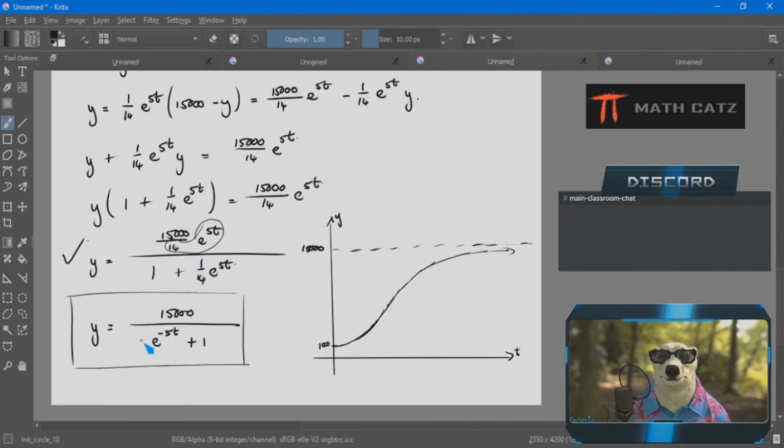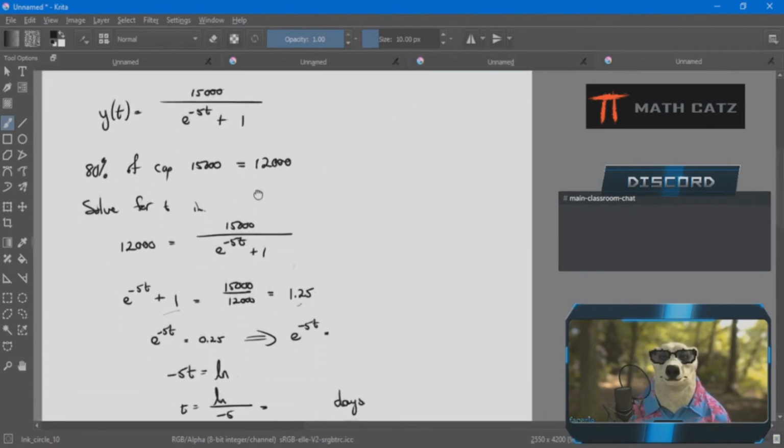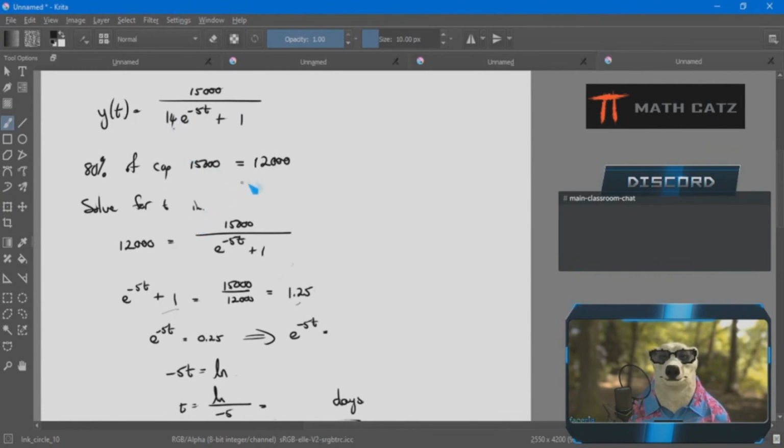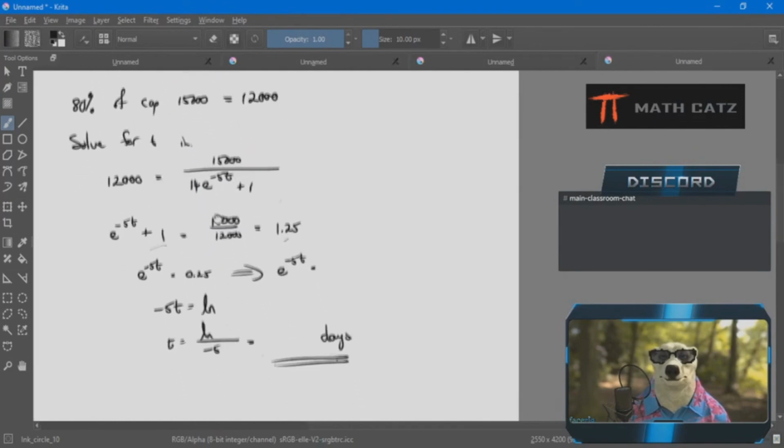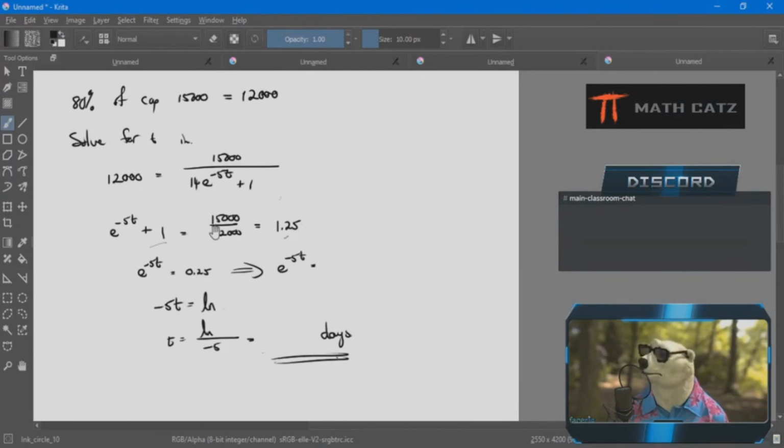When we divide by 1 over 14, the bottom becomes 14 e to the negative 5t. We're still looking for a target of 12,000, but we just used a 1 over 14 instead of a 14, which changed our answer to a weird number. It is still extremely small, but we swap it out. So this is a 14 over here.